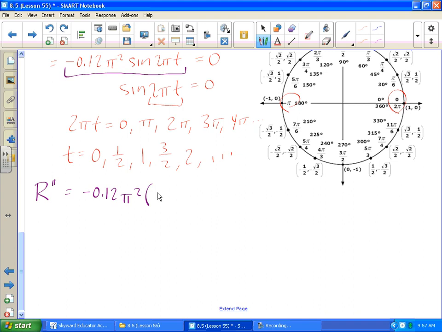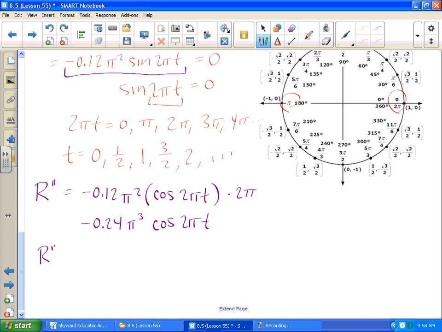Derivative of sine is cosine. So it's going to be cosine of 2 pi t times 2 pi again. So if I take that 0.12 times 2, I get negative 2.4 pi to the third power cosine of 2 pi t.